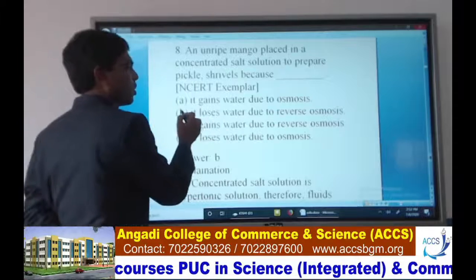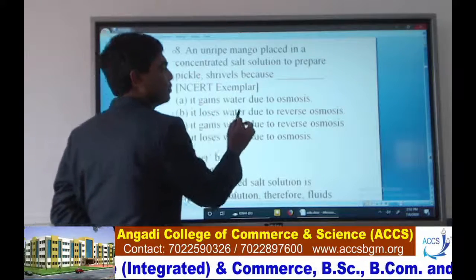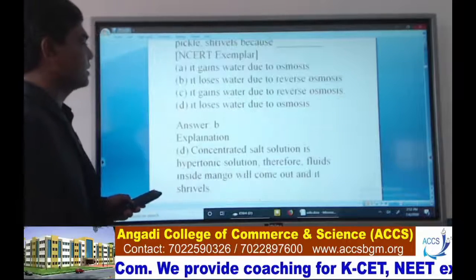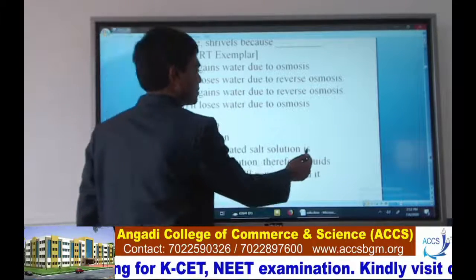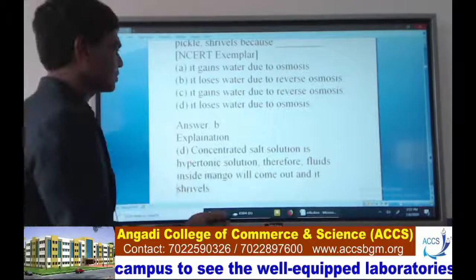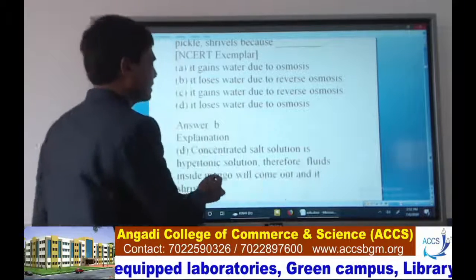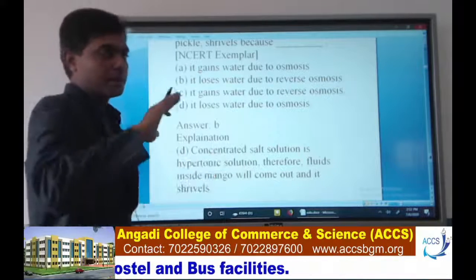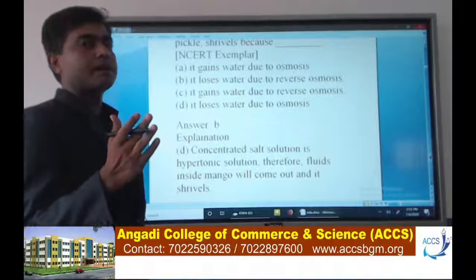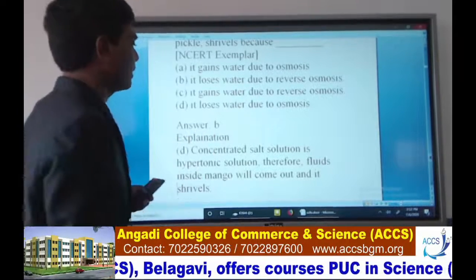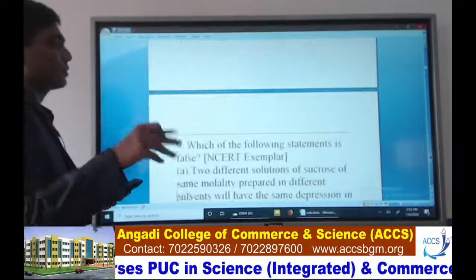Therefore, the answer option for this one is B. It loses water due to reverse osmosis. Explanation you can see. Concentrated salt solution is hypertonic. Hyper means what? More concentrated. Therefore, fluids inside the mango will come out and it is called shrivels. See, if it comes outside, it is called shrivels. If it goes inside, it is called shrinking. So this is related to application of solution.